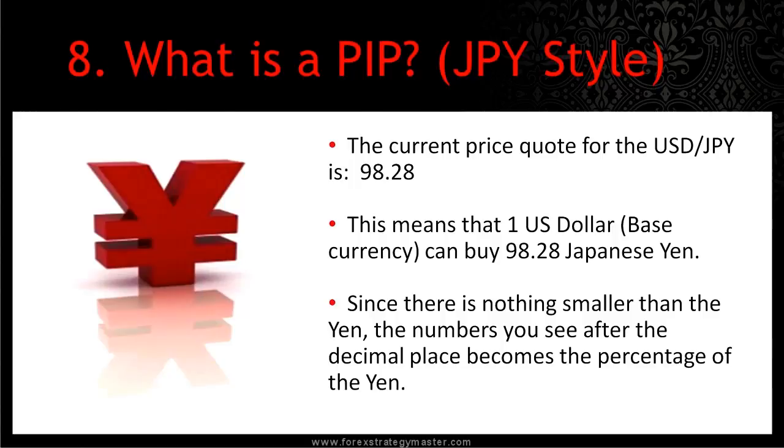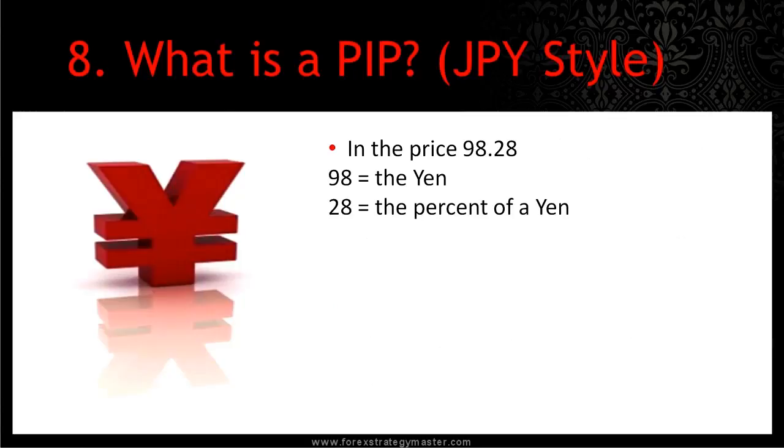Remember, when you have 4 decimal places, you have the cents and then the percentage of a cent. The yen itself, the whole yen, is kind of like a cent. So what we've got are the decimal places becoming the percentage of that cent. So we have 2 fewer decimal places because we don't have the quote-unquote dollar cent inserted. In the price 98.28, 98 is the yen, and the 28 is the percentage of a yen.